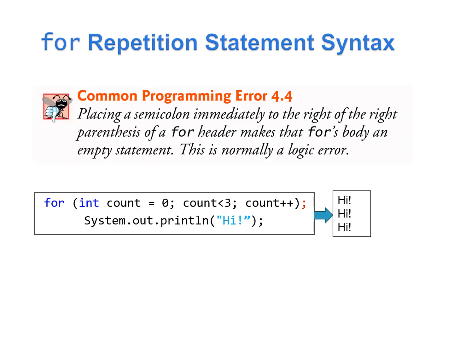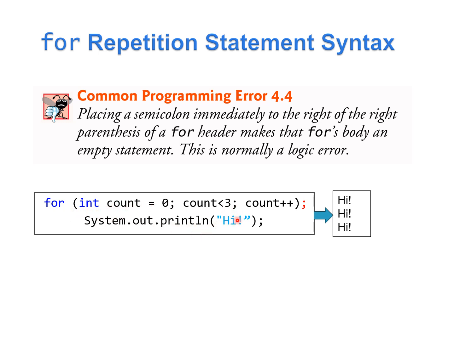The syntax of the for statement doesn't require a semicolon at the end of the for header. However, many novice programmers place a semicolon immediately to the right of the right parenthesis of a for header, and that often leads to a logic error because it makes the body of that loop an empty statement. For example, consider the for loop that prints out the word hi 3 times.